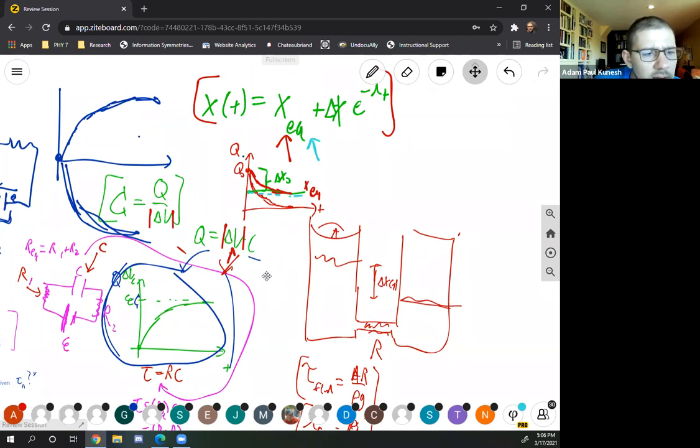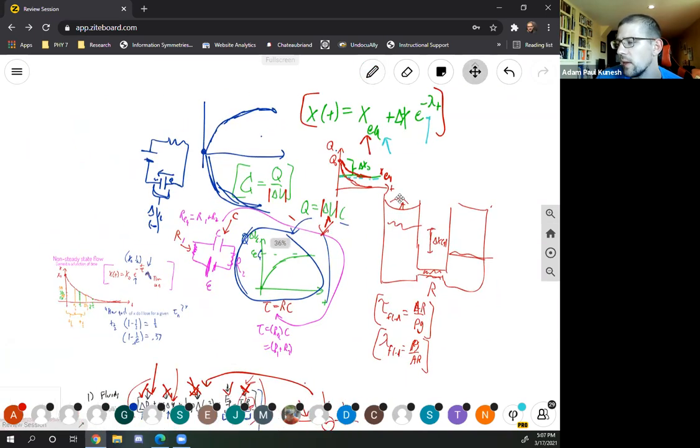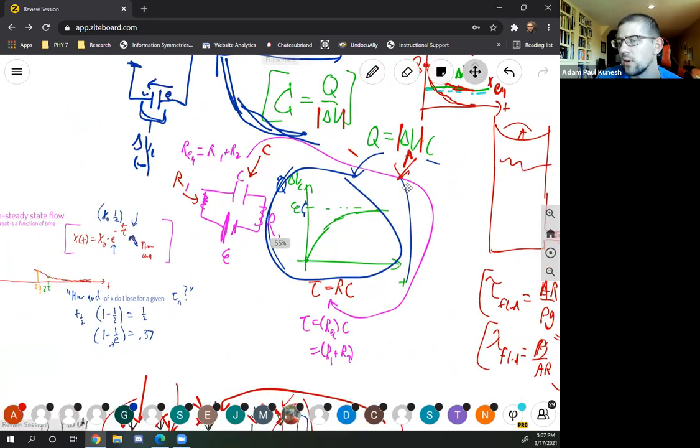Are we only going to be dealing with capacitors charging to the battery voltage and discharging from the battery voltage? I'll only ask you to deal with the equations directly for charging to and from the battery voltage.